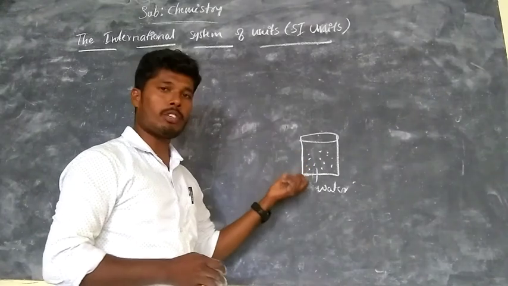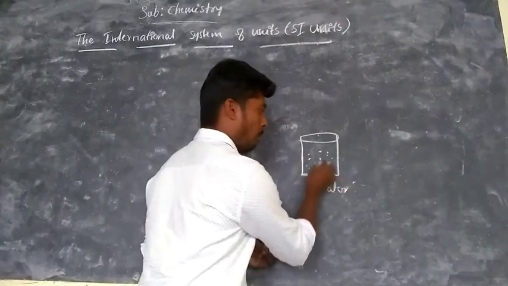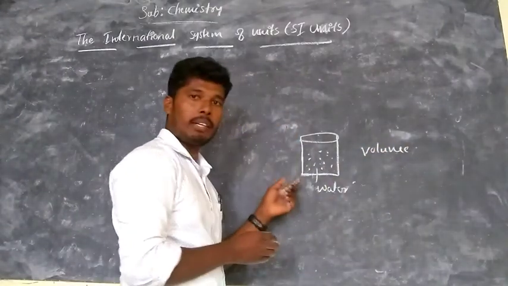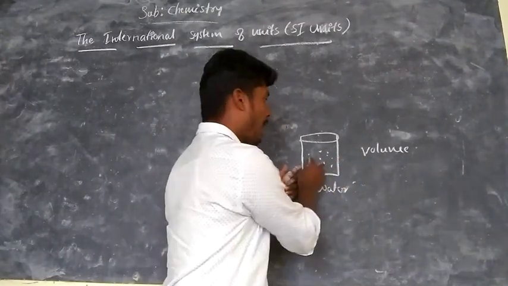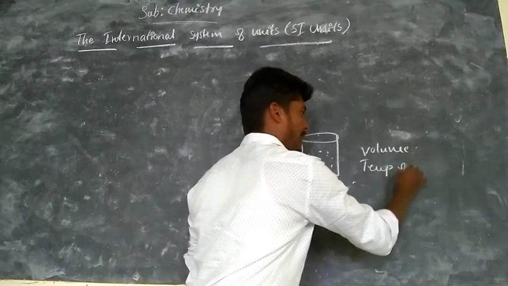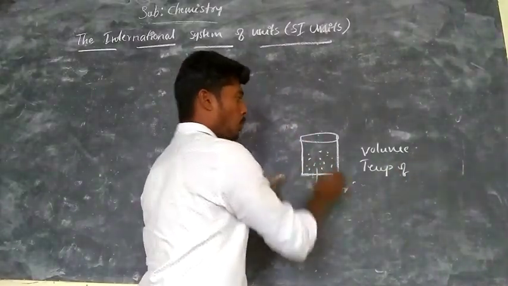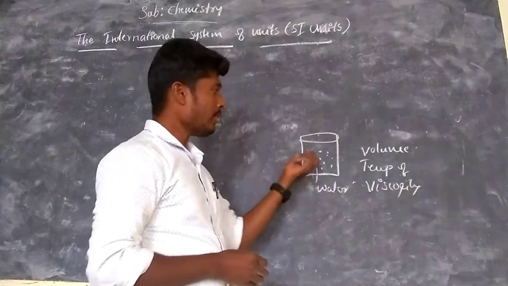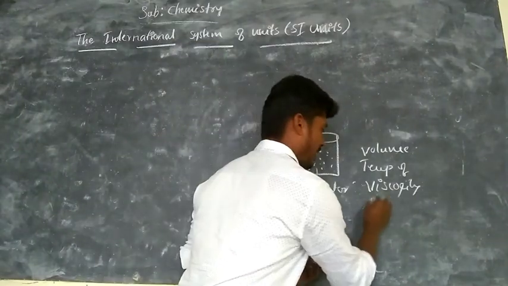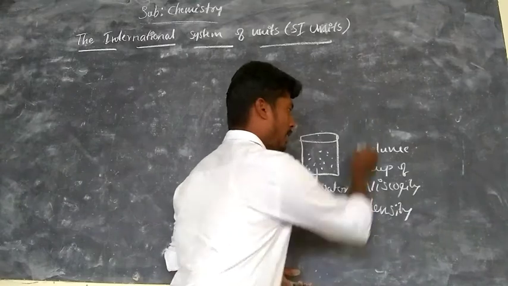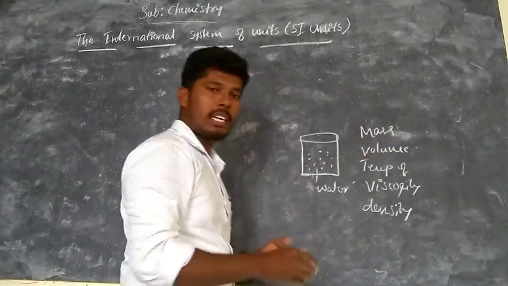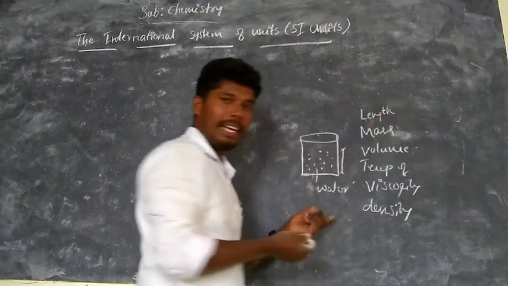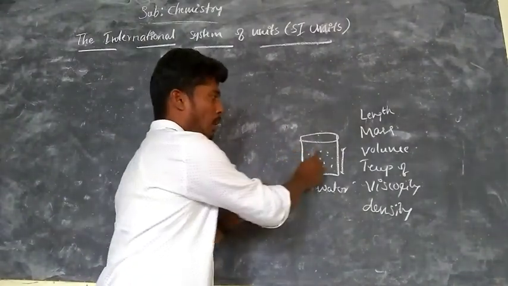Now, if we take this system, we should know some quantities: the volume of water, the temperature of water, the viscosity of water, the intermolecular force or density, the mass, the length, and so on, or the mobility of these ions.